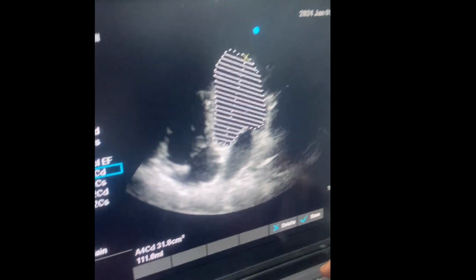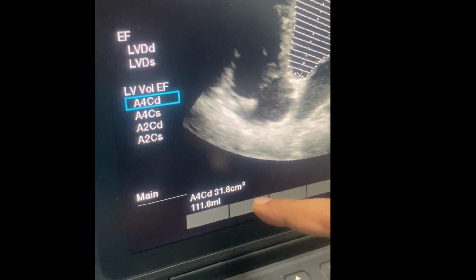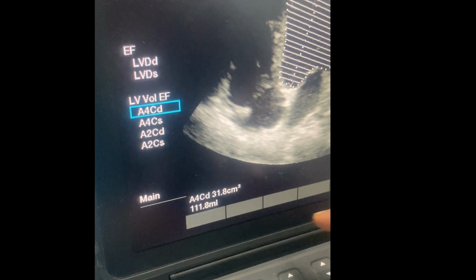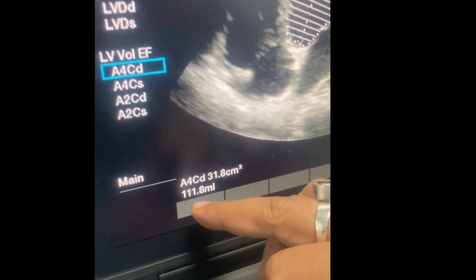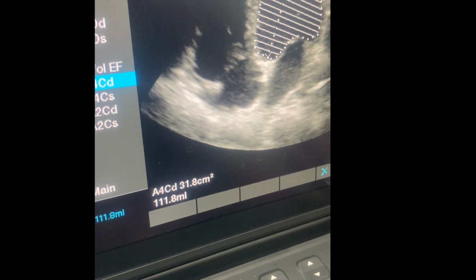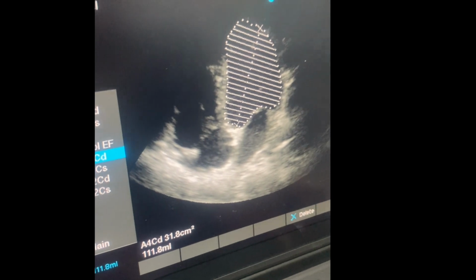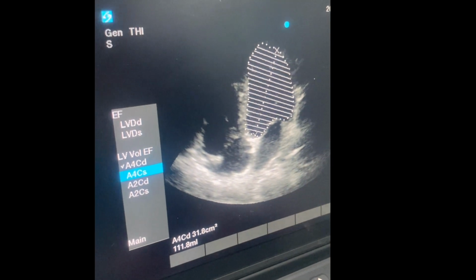So the left ventricular end diastolic volume is 111.8 ml. Okay. Now we will calculate the left ventricular end systolic volume.